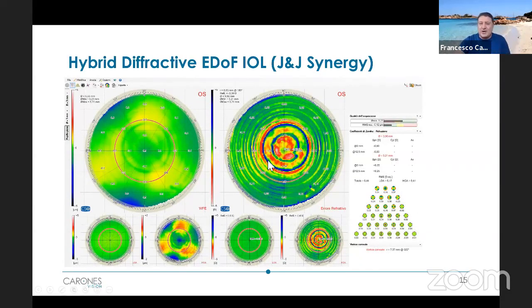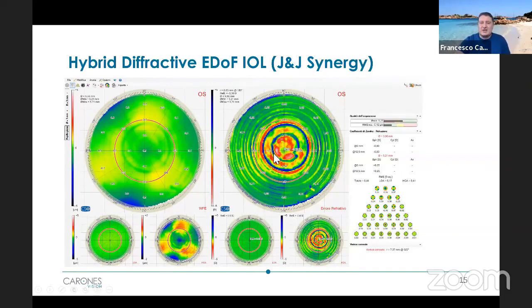So the central part brings that very extended depth of focus ability. So again, colors are ranging between red to blue to demonstrate the extension. The outer part of the lens actually looks more like a traditional diffractive one, without that bluish area and reddish area that is more in the center.